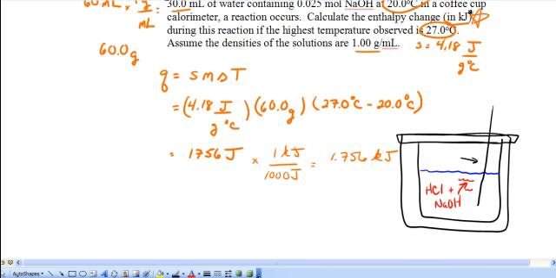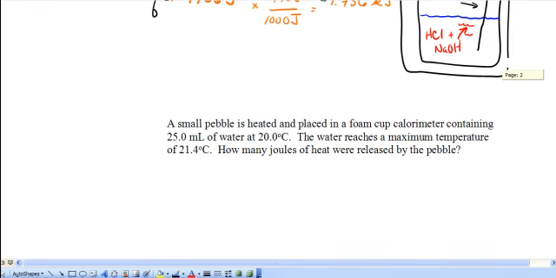Now here's the deal. This reaction is releasing heat, and since it's releasing heat, Q actually has to be negative. So we're going to change these signs to a negative value because they are releasing heat. That would be the appropriate way to express the enthalpy change, to put that negative sign in there. Alright, so let's go ahead and try another one.